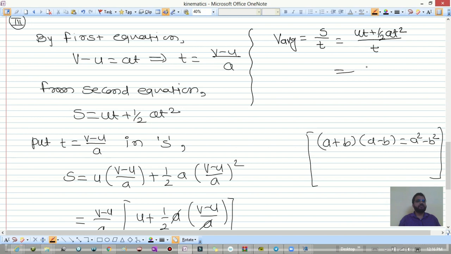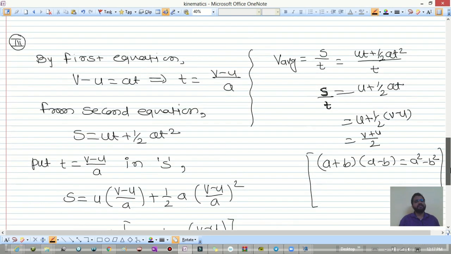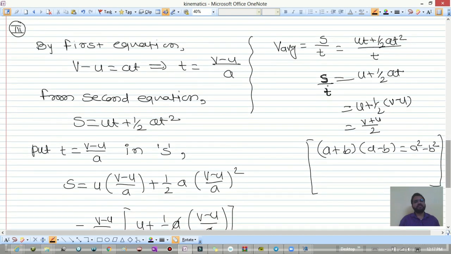If you take t common and cancel it out, you will get u plus 1 by 2 at, that is s divided by t. So what is u plus 1 by 2 at? What is at? v minus u. And if you just work this out, you will get v plus u divided by 2, that is s divided by t.